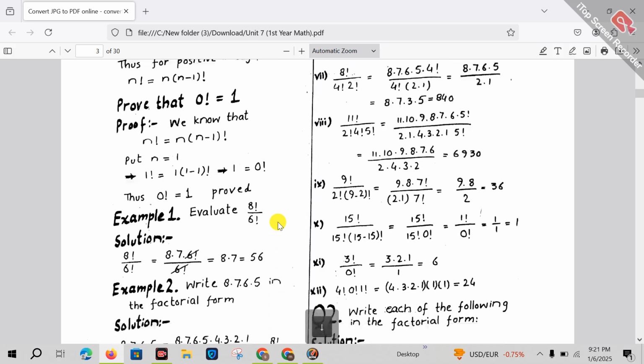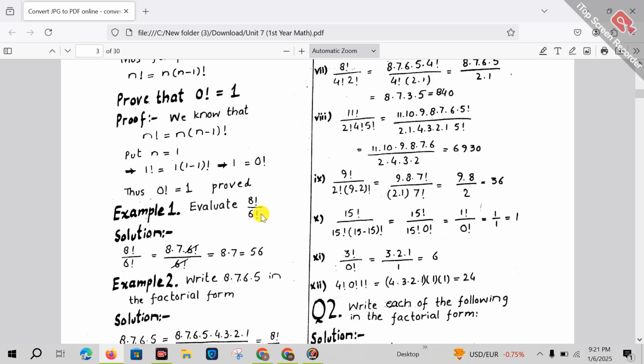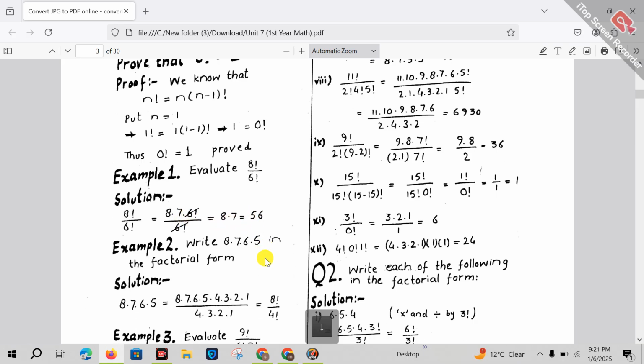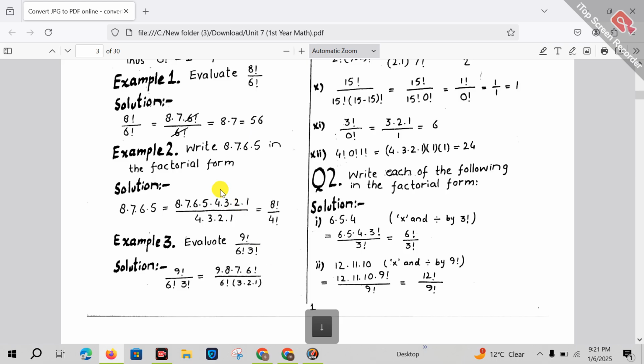Earlier we were given the number in factorial form, and we converted it into a form free from factorial. But the situation we discussed in example number 2 is the converse of the above situation. There was a factorial, and we converted the number into a form that does not contain factorial.